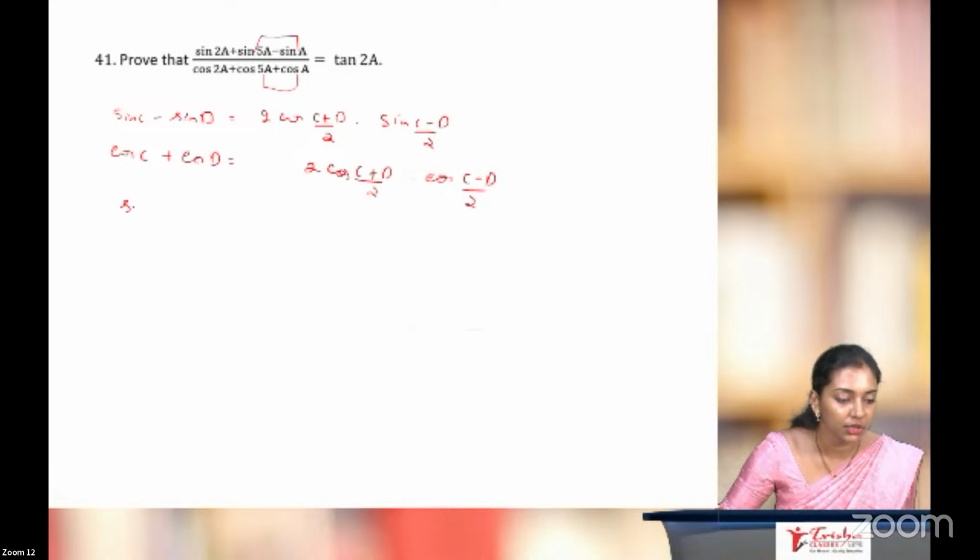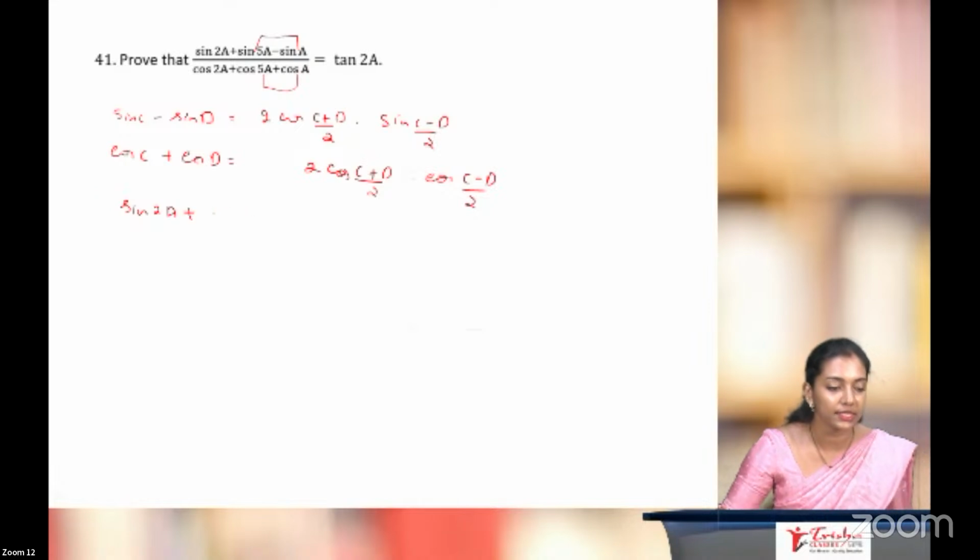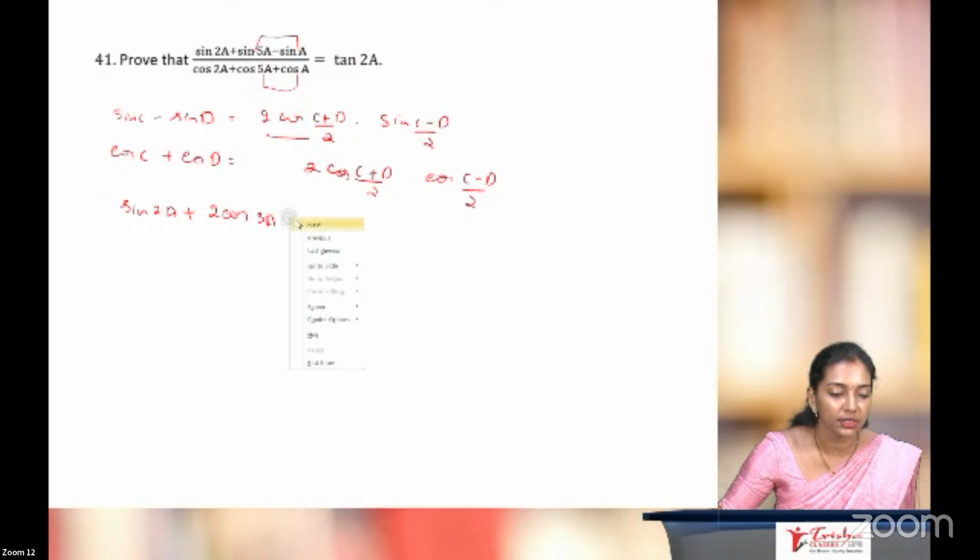First I'll keep sin 2a as it is. For sin 5a minus sin a, I put the formula: 2 cos of (5a plus a) by 2, that is 3a, into sin of (5a minus a) by 2, that is sin 2a.